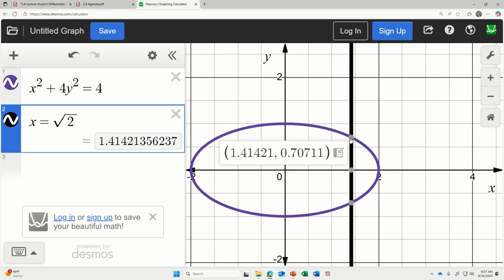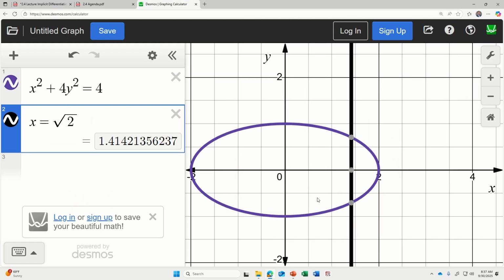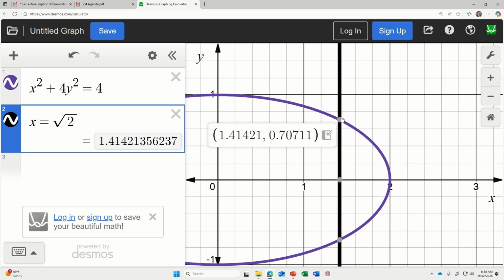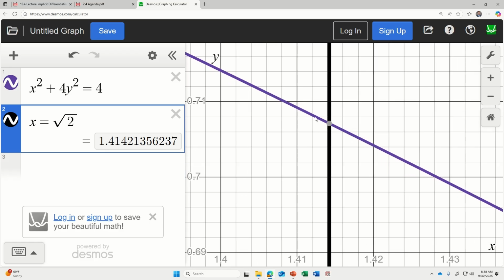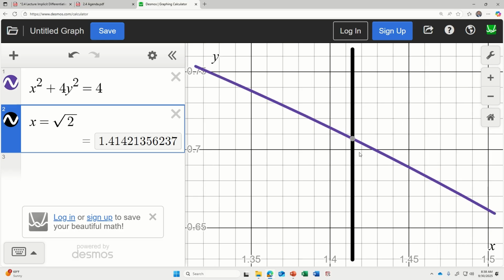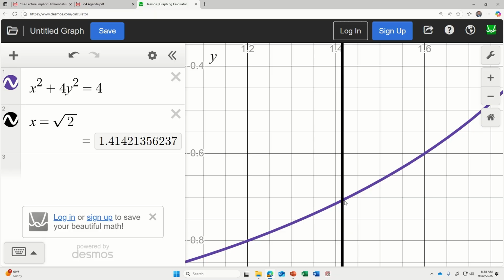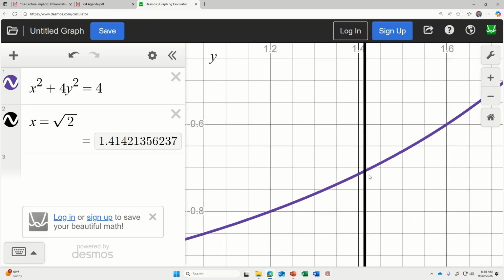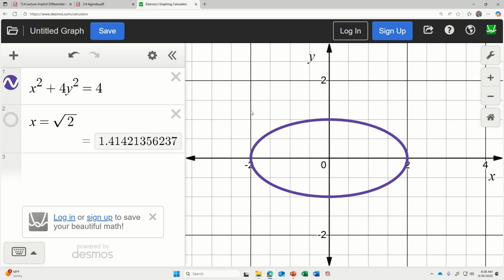Y is either positive 1 over square root 2, or negative 1 over square root of 2. And if I choose the positive y value, then the slope is negative half. And if I choose the negative y value, then the slope is positive 1/2, right there. Sounds good? Okay.